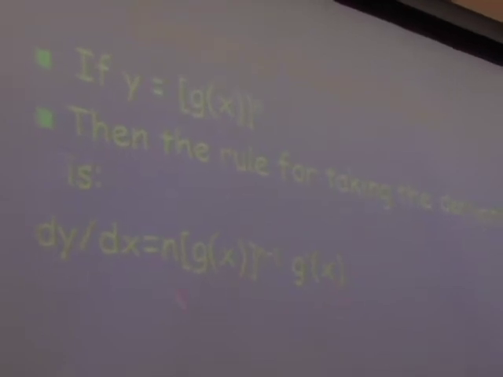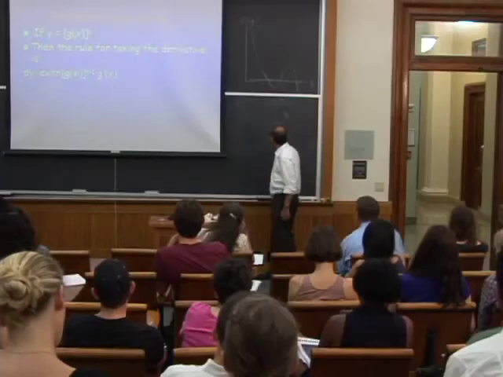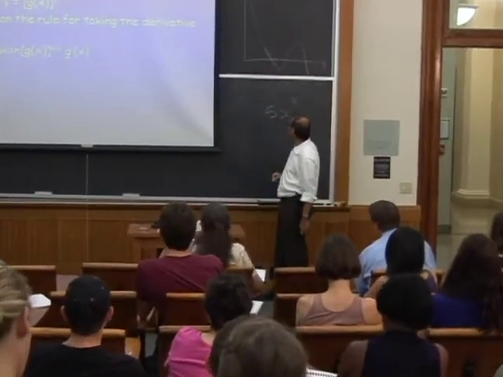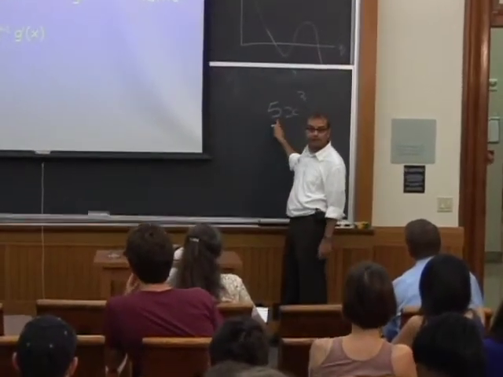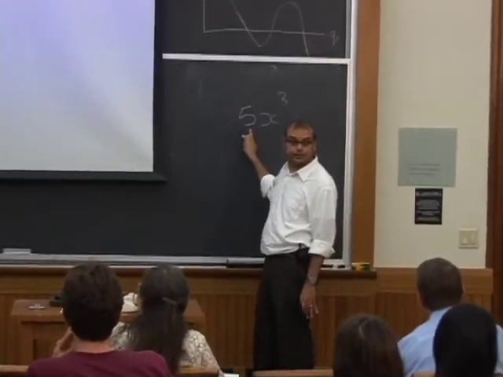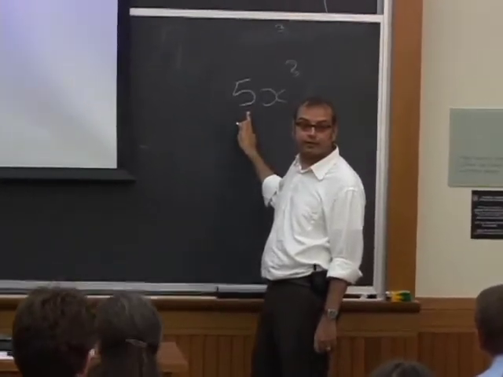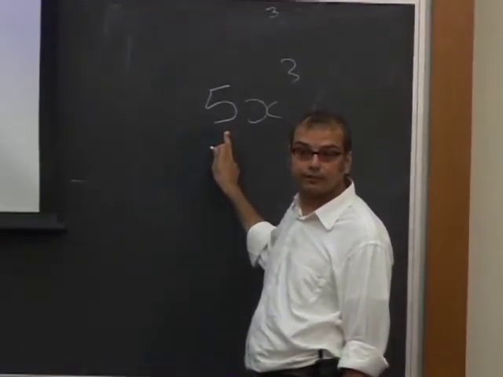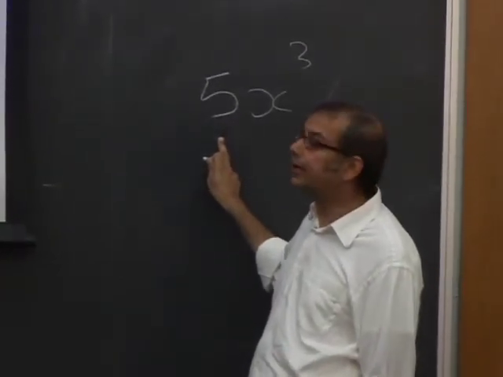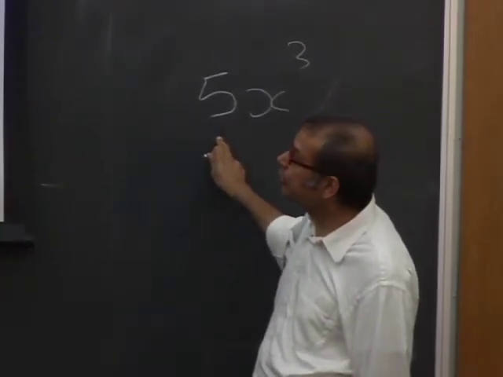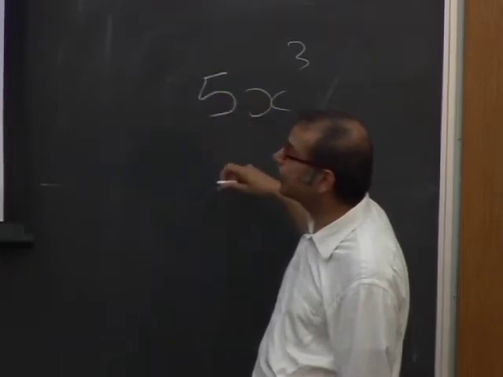Okay? And you could apply that rule. If I just had 5 here, you could still apply that rule. You could think of 5 as a function. What's the derivative of the function 5? 0, okay? And so you could just think of that dropping away.